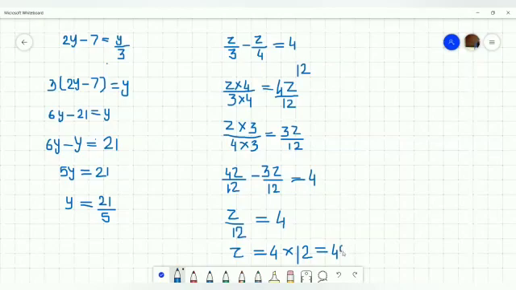So this is the solution of the given equation. Z upon 3 minus Z upon 4 is equal to 4. When Z is equal to 48, this equation is true.